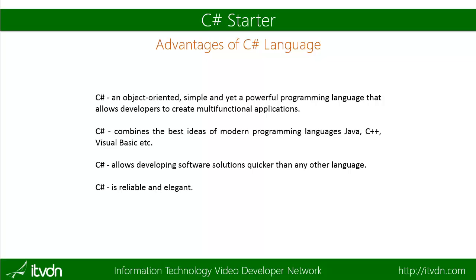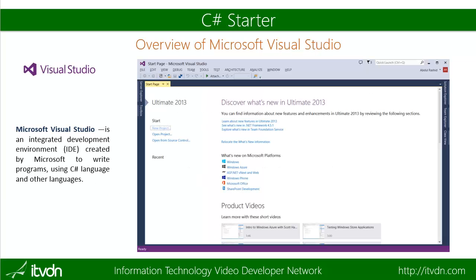We also looked at some of the advantages of the C# language, how easy it is, how object-oriented it is, how powerful it is, and so on and so forth. And of course, we also learned about Microsoft Visual Studio, how to download it, how to install it, and some of its functions.